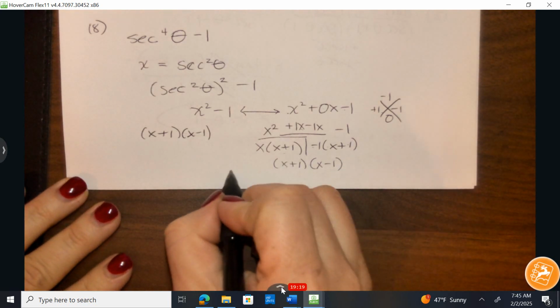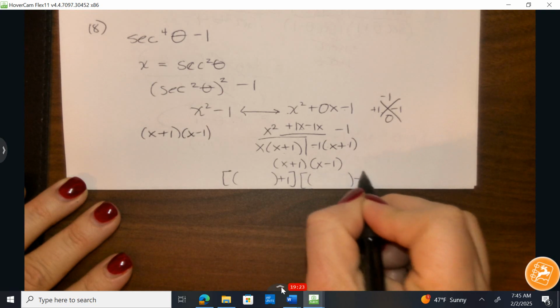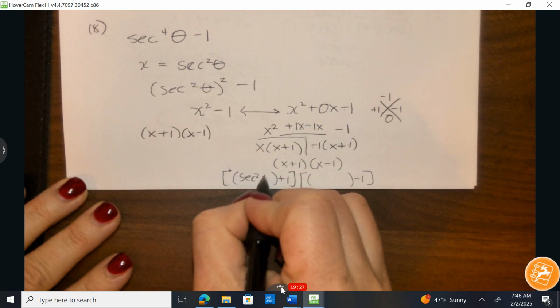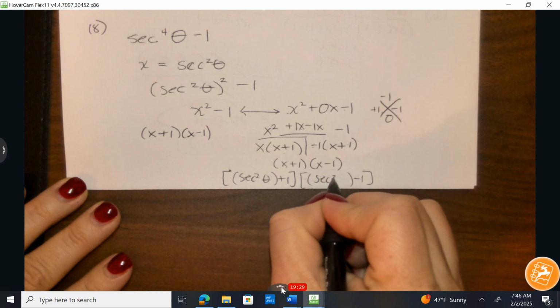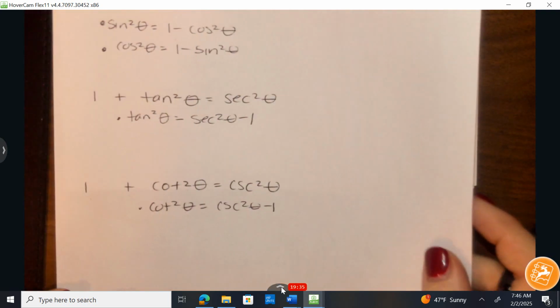Now what is x? That's what we need to achieve next. What is x? X is secant squared theta. So let's bring back that paper and let's look at our options.